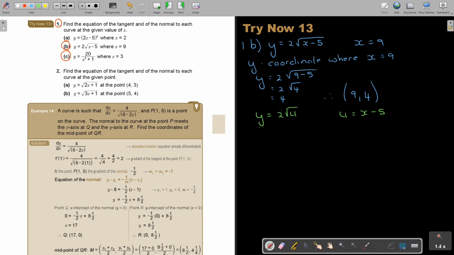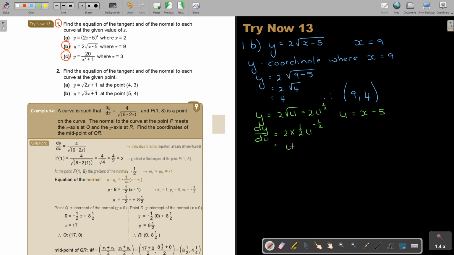Now I differentiate, so it's dy over du. Don't forget that this is equal to 2u to the power of a half. So this will basically be 2 times a half, and as soon as I subtract a half, so minus 2 over 2, I will get negative a half.